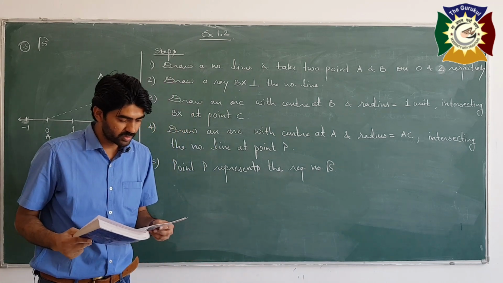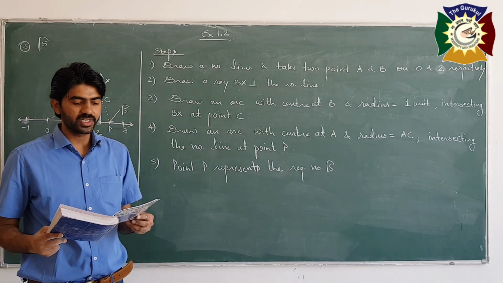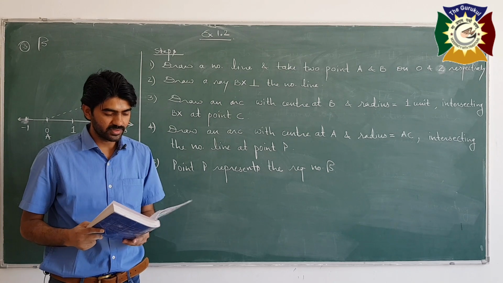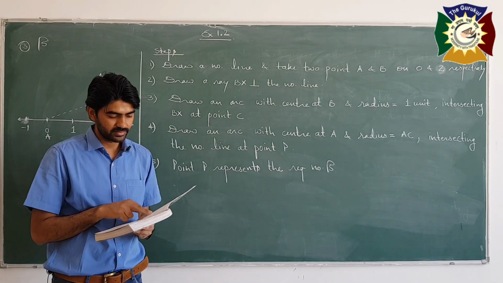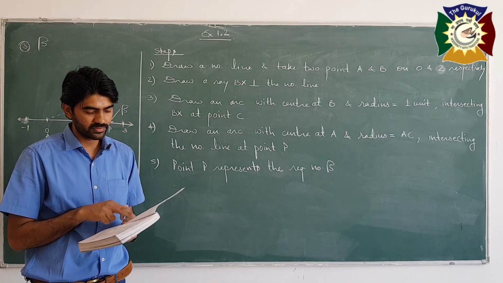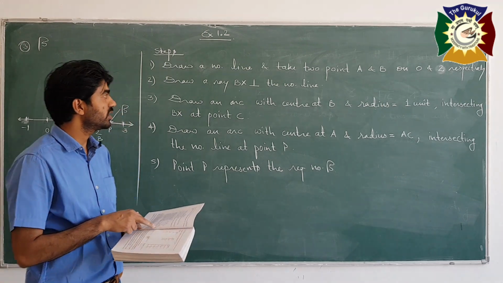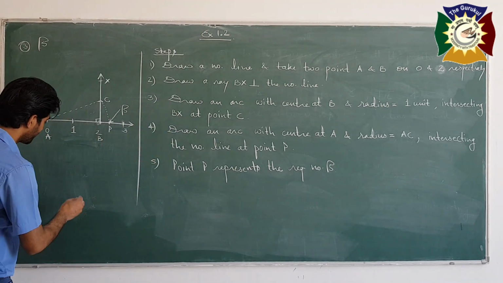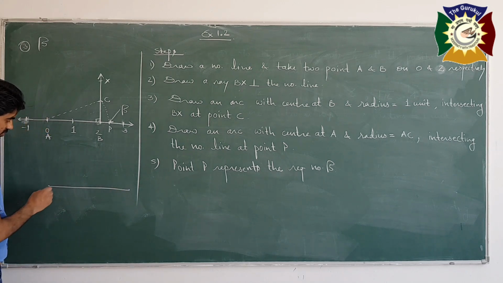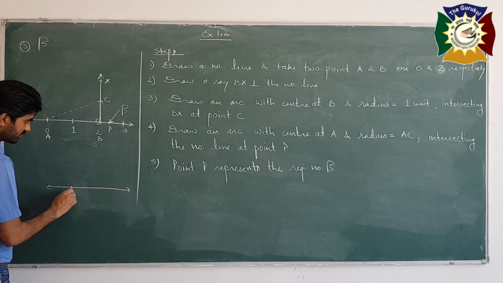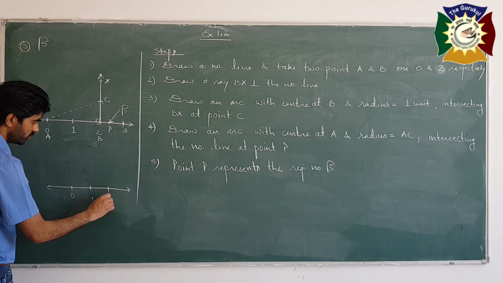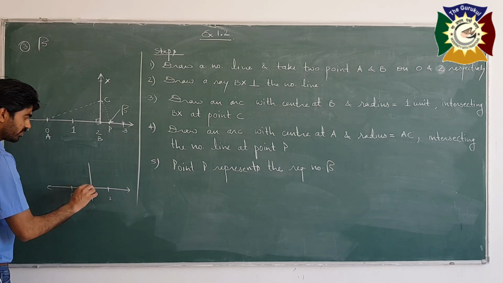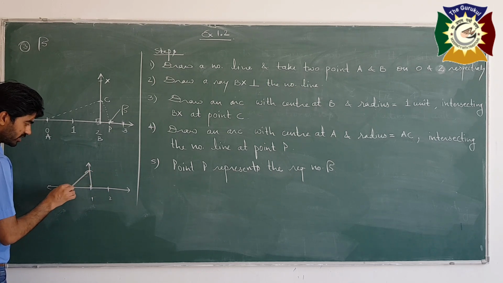Question number 4, it is a classroom activity. As we have discussed, this is construction of square root spiral. Square root spiral, as I told you, that by taking, suppose this is a number line 0, 1, 2, draw perpendicular here, cut 1 unit, you will get this.